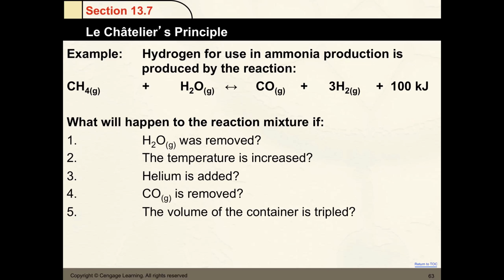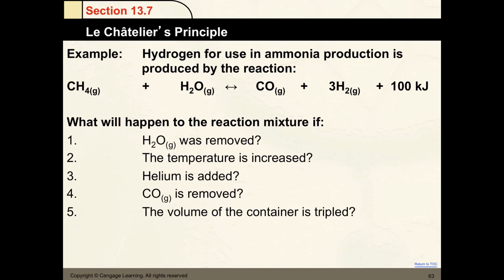If you increase the volume, you would force these molecules to have a harder time to collide, because the container is now very big and you'd need all of them to find each other, where you just have 2 on this side and the odds of those colliding would be greater. So these 2 will continue to collide and make more of the other side. That would be a shift right.